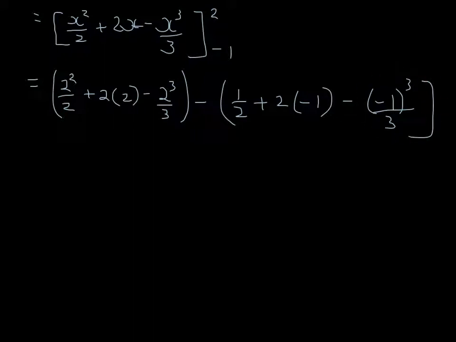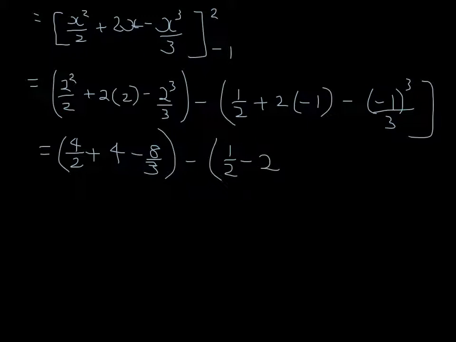So that's 4 on 2 plus 4 minus 8 on 3, minus a half minus 2, so that's taking care of that minus, and then the actual fraction is a minus as well. So we'll put that in brackets, minus a third.